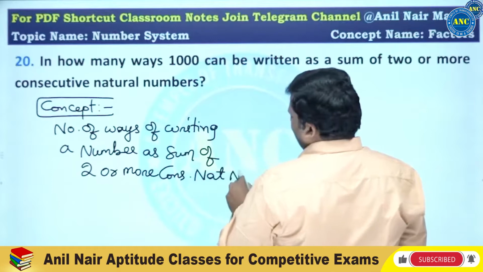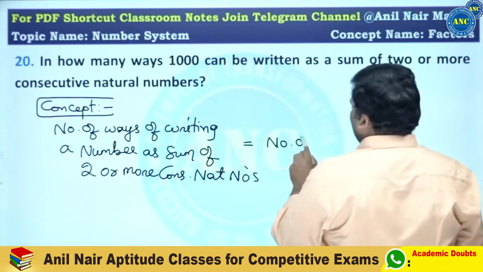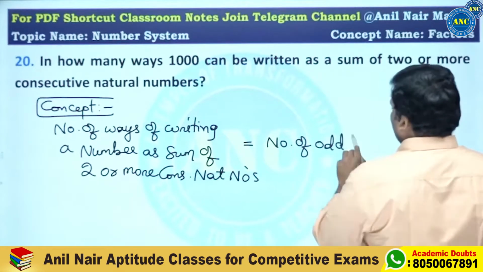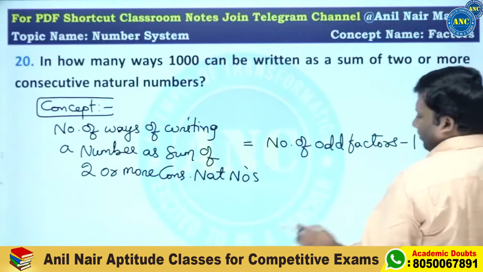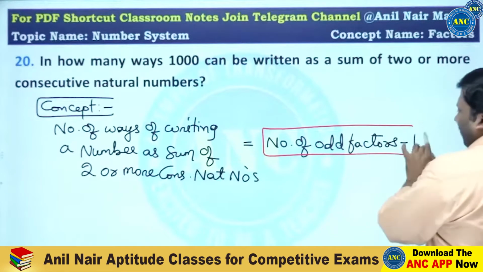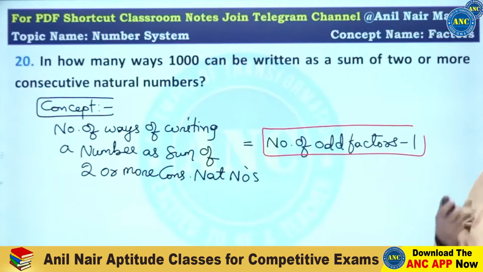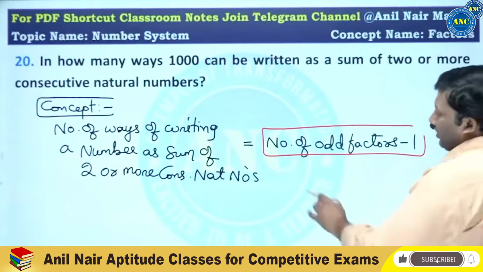The number of ways of writing a number as a sum of two or more consecutive natural numbers is given by the number of odd factors minus 1.